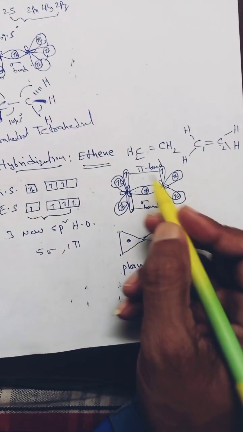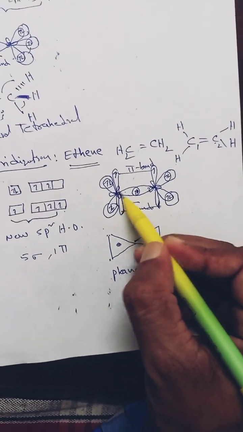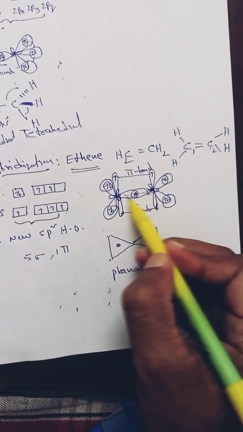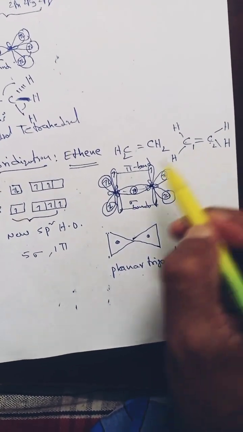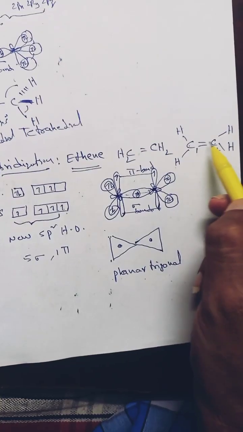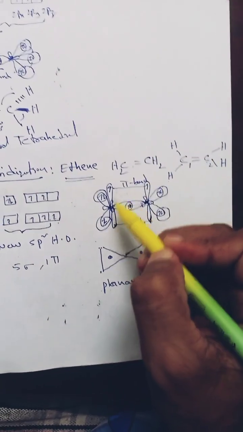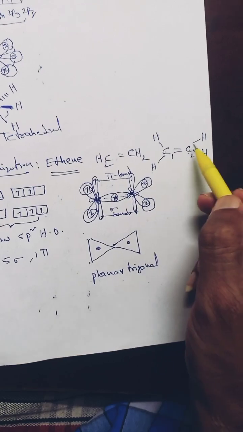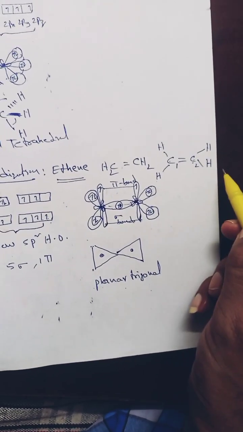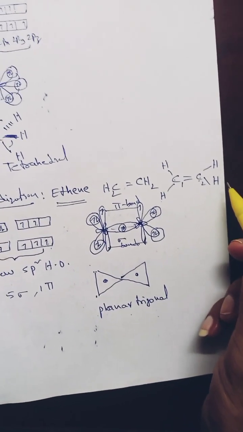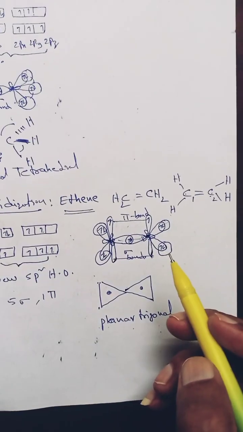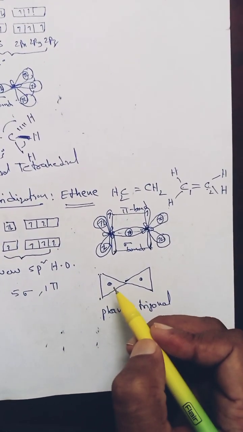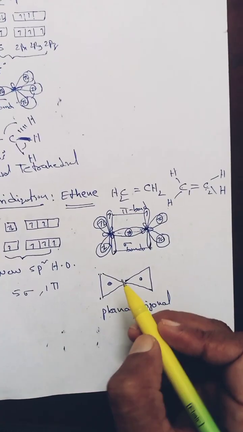So if we write this, this carbon is this one, this carbon is this one, and this bond is the below bond, the sigma bond. This bond is the above bond, the pi bond, and this bond is this hydrogen, this bond is this hydrogen. Like that, all bonds are formed.